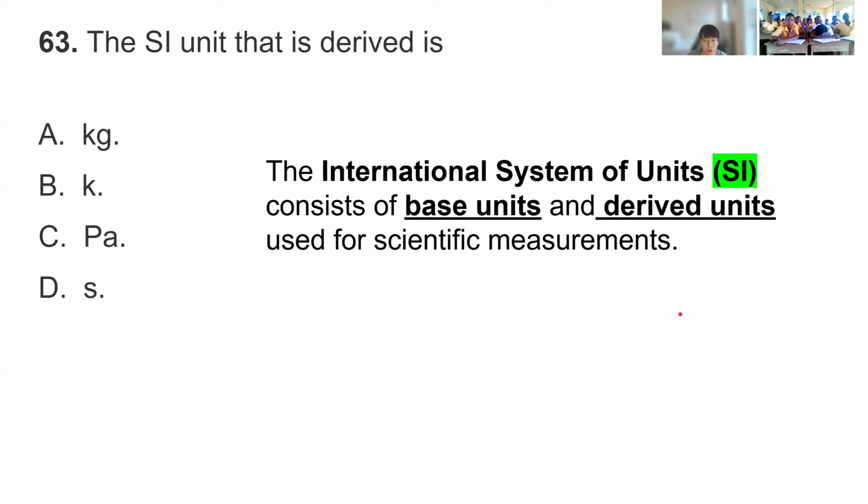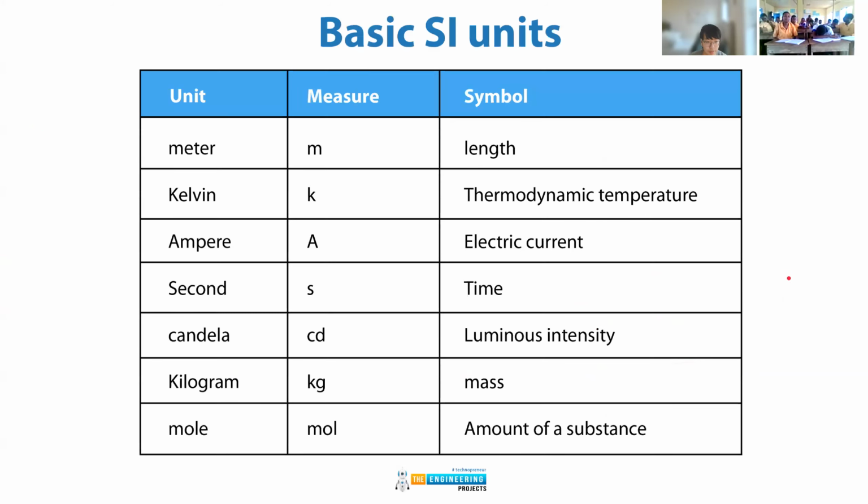Derived units are often a combination of base units, maybe dividing by certain units, maybe something per something. But the answer of a derived unit here is C, Pascal, and all the rest are base units. So we will see on the next slide here.